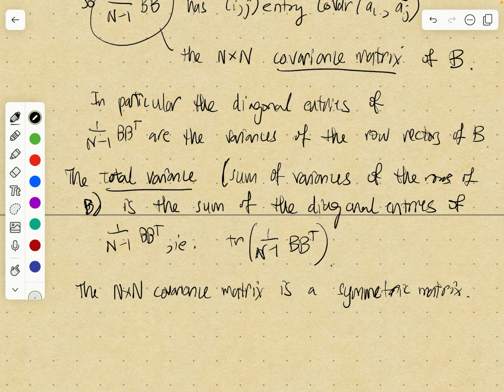It can be decomposed into a product of an orthogonal matrix Q, a diagonal matrix of eigenvalues lambda, and then Q inverse. And we're going to talk about what's the significance of the Q and the lambda in future videos. And this is going to be related to principal component analysis and what that has to do with variance.